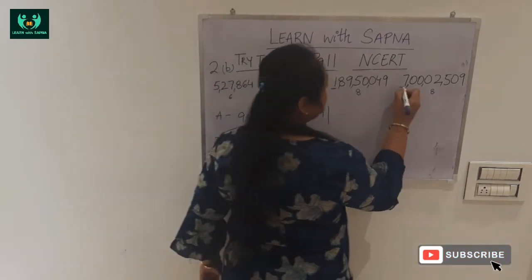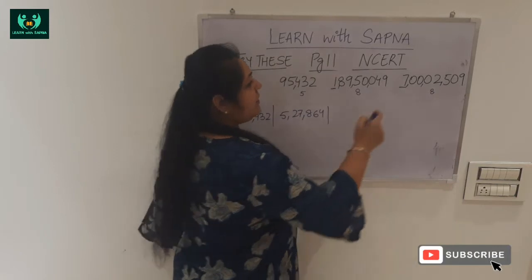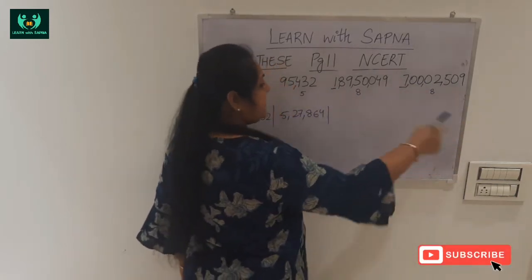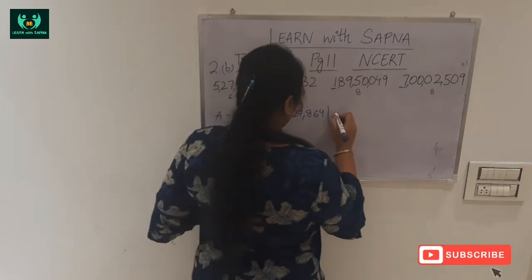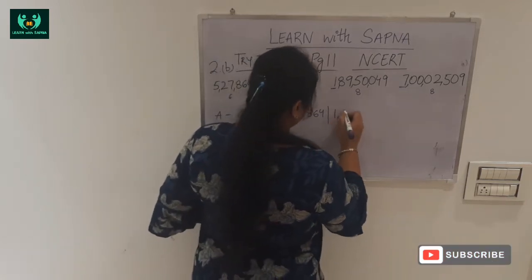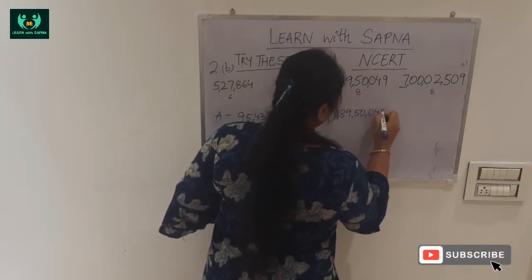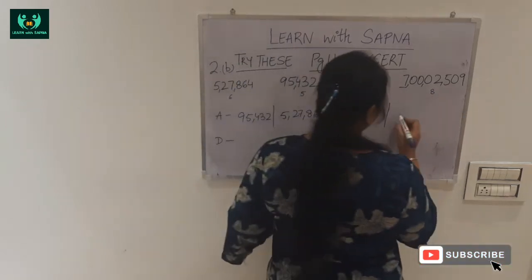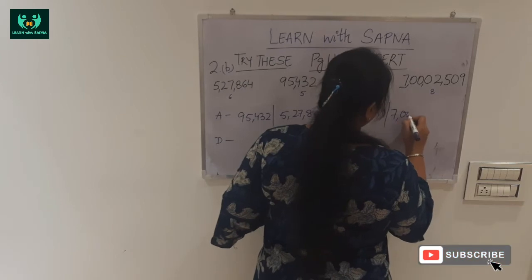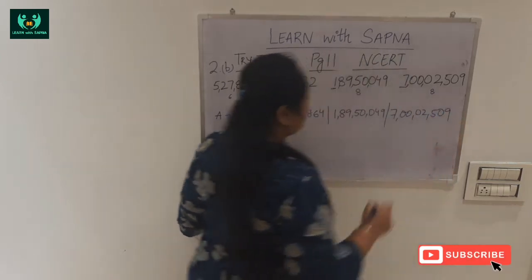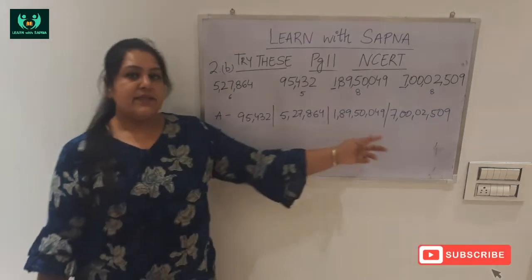Here we have 1 crore. Here we have 7 crores. So 7 is greater than 1. This is bigger. So this will be our largest number. First we'll put the lower one because we are writing in ascending order. So 1 crore 89 lakh 50,049. And the last, highest number will be 7 crore 2,509. So this is our ascending order.